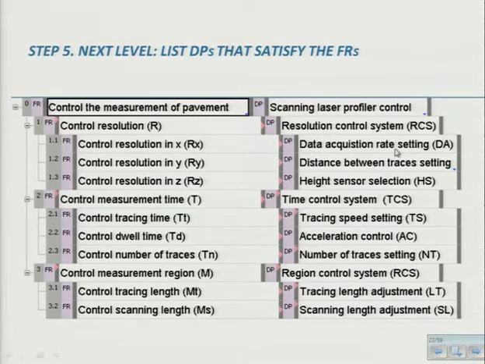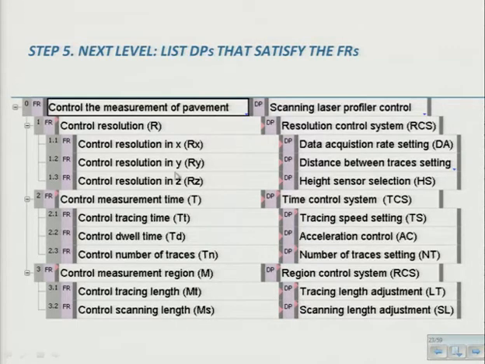So now we're starting to get more specific. We need some data acquisition rate setting, so the D to A, the distance between the trace settings. This little arrow means there's more to follow that you didn't get to see because I didn't expand it far enough before I did the screen capture. And then the height sensor system.